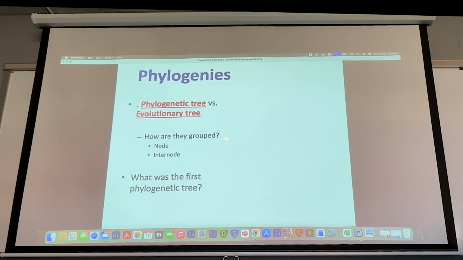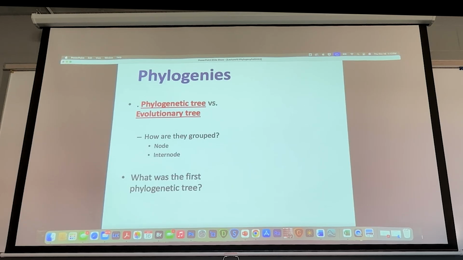We're going to talk about how you make a phylogeny and how things are grouped. There we're going to have what are called nodes. A node equals a branch point. And the node, as you're going to see, don't worry, we have slides on this, represents the common ancestor. The internode is the branch between nodes.